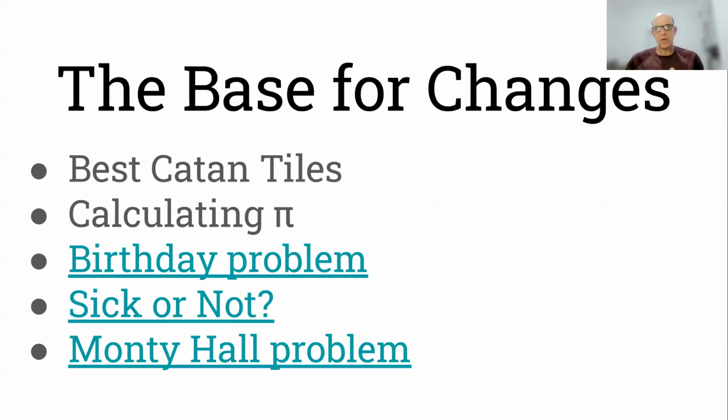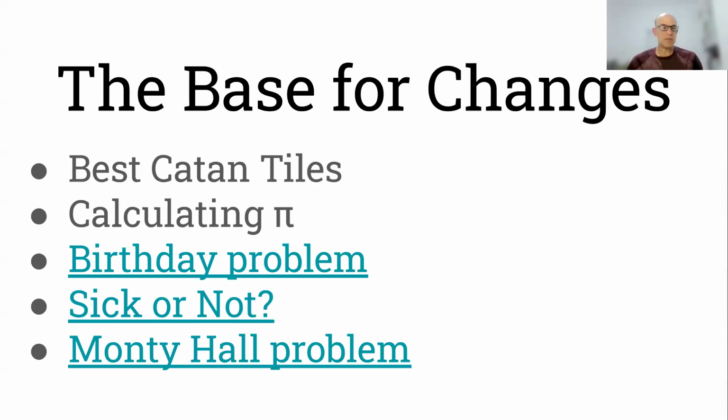So we're going to talk about these 5 problems. We're going to talk about the game of Catan and what the best tiles are. We're going to calculate pi randomly, which sounds weird, but it's another interesting usage for simulations. We're going to solve the birthday problem: given 23 people, I think, what are the odds that 2 people in this group have the same birthday?